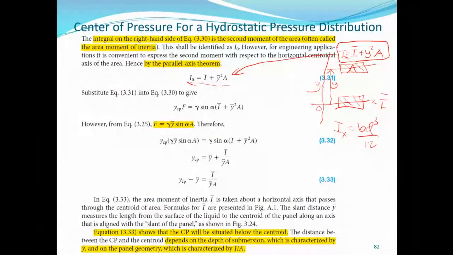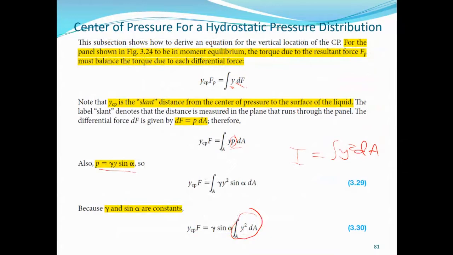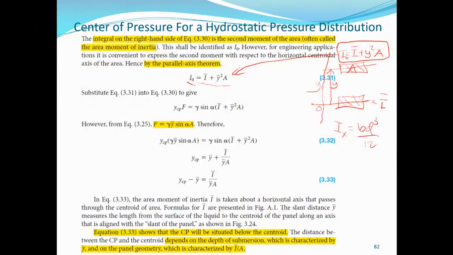So we have I naught equals I bar plus y bar squared A. Instead of the integral of y squared dA, we substitute the centroidal moment of inertia plus y bar squared A. It's exactly what we did here.